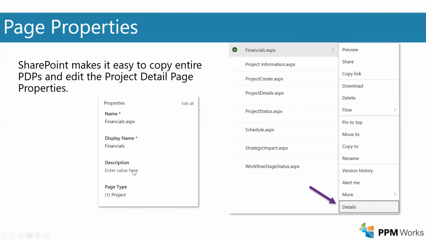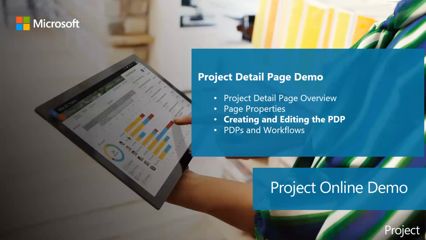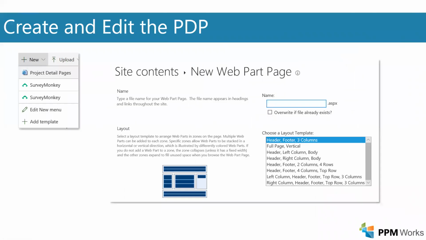You can enter descriptions so that users have a better sense of what the pages are for. We went through the creating and editing of the PDPs. We talked about creating a new project detail page and then selecting the one with the header, footer, 4 columns, and the top row, just so that it gives you the most options for the future layout of the page, okay?